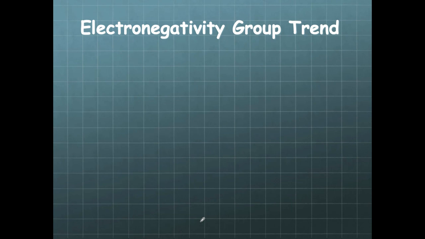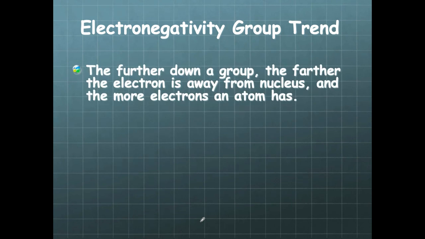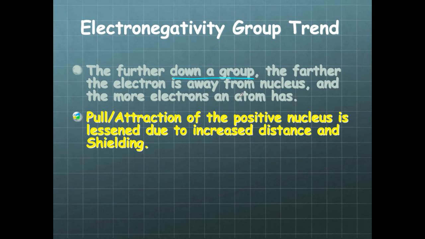Okay, so let's look at the group trend for electronegativity. So further down a group, we know that the number of energy levels are increasing and the valence electrons are far away from the nucleus. So the pull or the attraction of the positively charged nucleus is less, and also the shielding effect is more.